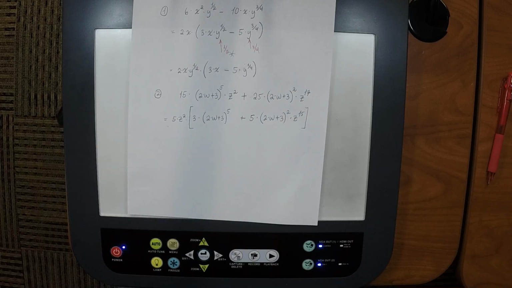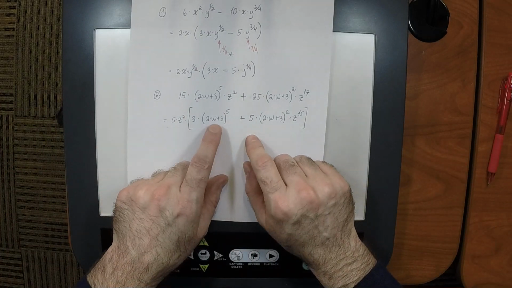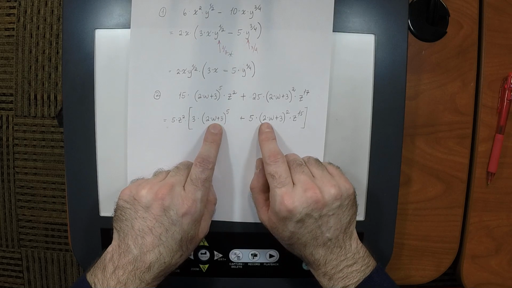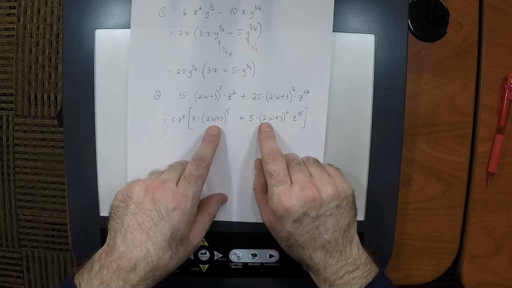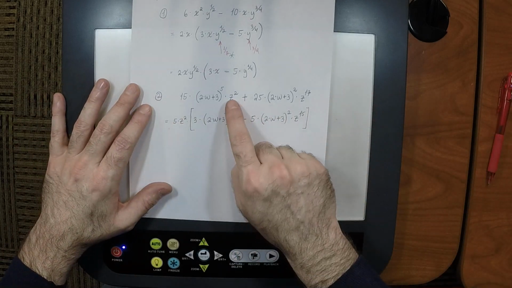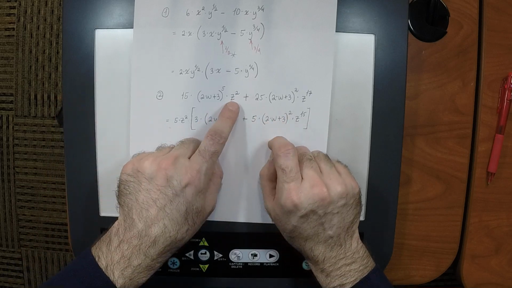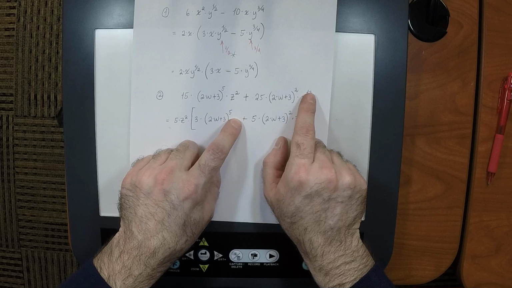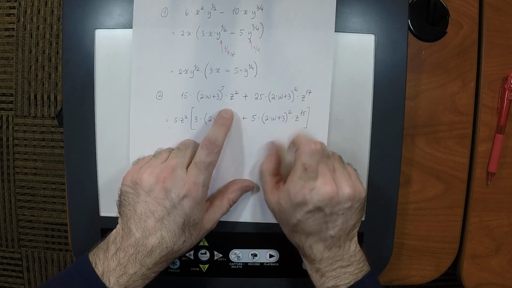But then, many times students look at the 2w plus 3 in there and just have a moment's pause, like, oh, I couldn't possibly imagine. But here's the deal. The only thing that matters is that it's the same thing, right? We have z squared and z to 17. So it's like 17 apples and 2 apples.